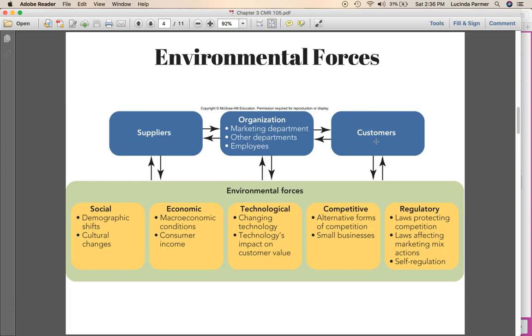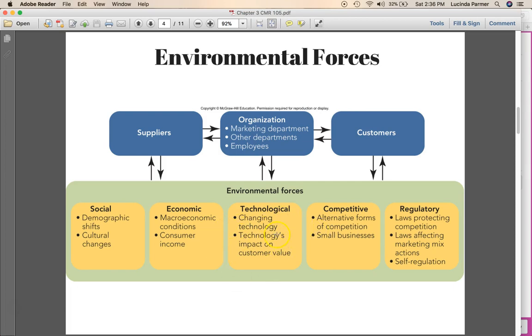So everyone can be affected by this. But look here at your social, which is going to be like cultural changes or demographic shifts. Economic can be like consumer income. So, depending on how much your product costs, it's going to depend on what countries you market it to. I mean, you want the people there to be able to afford your product.